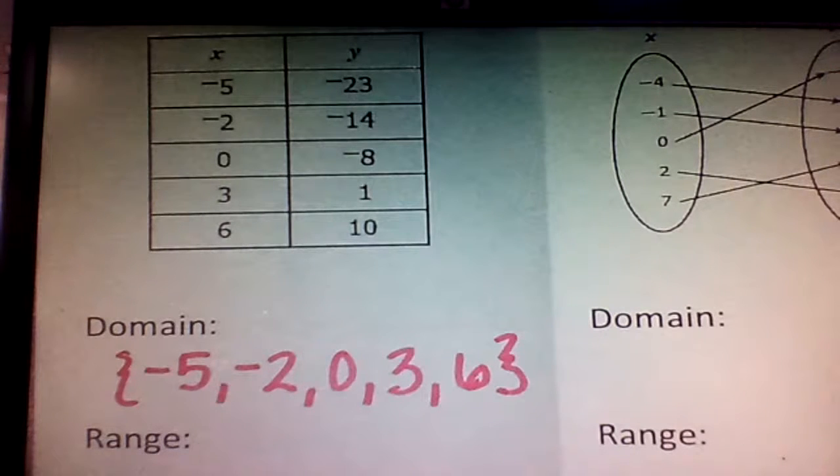Continuous functions are going to use less than or greater than, less than or equal to, greater than or equal to type of an idea. Your range then is a list of all your Y values.